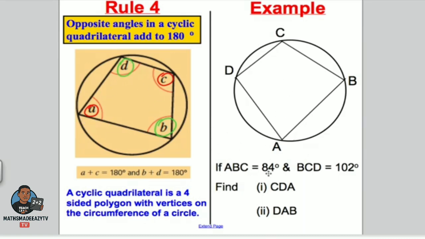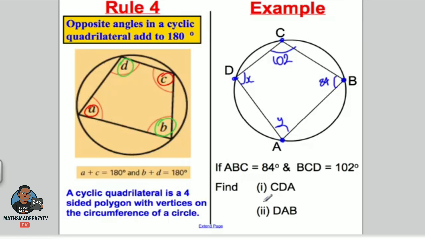Now let's try to use this example. If ABC is 84 degrees, so the angle at B is 84 degrees, and BCD is 102 degrees, so we have the angle 102 degrees here. We have to find angle CDA, let's call it X, and also angle DAB, we call that Y. This is a cyclic quadrilateral because the vertices touch the circumference of the circle.